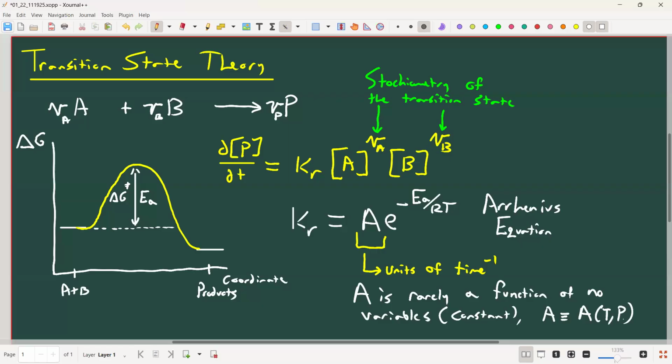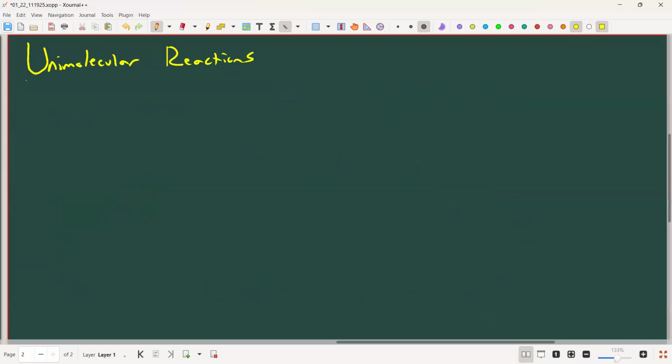So we're going to start simple. We're not going to put a bunch of molecules together and just let them go. Let's start simple and work our way up to complicated systems. So the first system, the example I want to study today, is what are called unimolecular reactions. And a unimolecular reaction, uni means one, is just a one-molecule reaction.